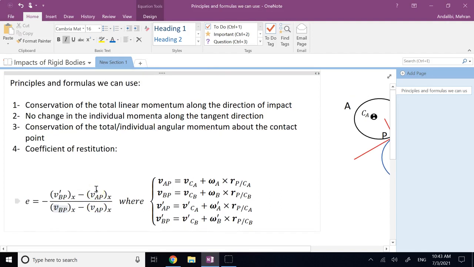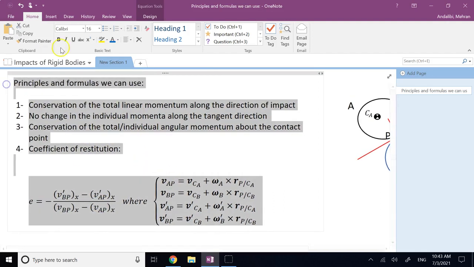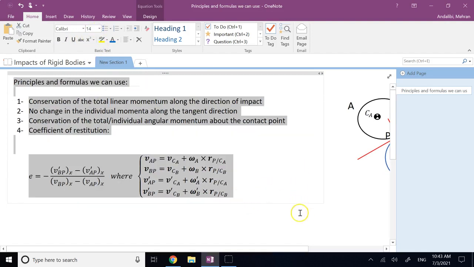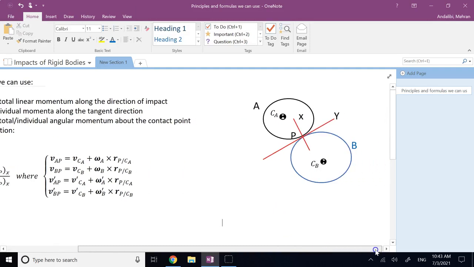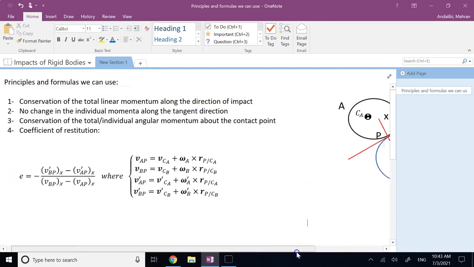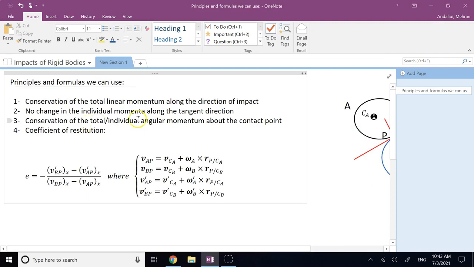Okay, so you clearly see how I'm trying to use my formulas and what I learned, correct? Principle of linear impulse and momentum, principle of angular impulse and momentum, coefficient of restitution and everything to solve the problem, right?